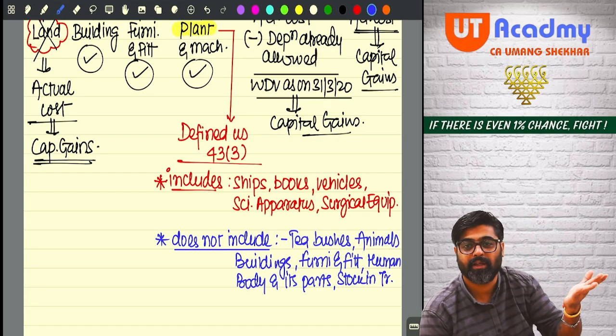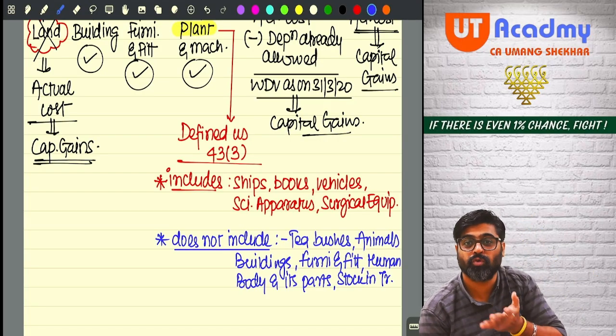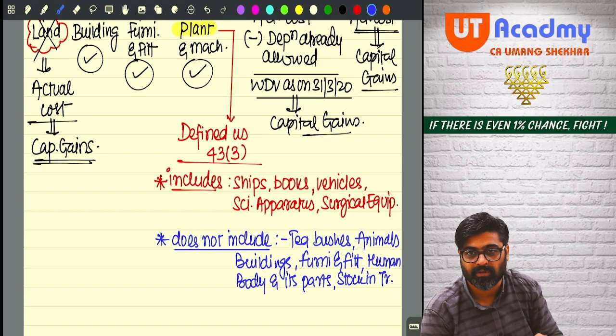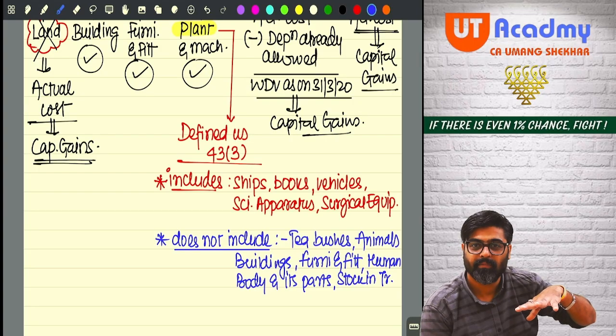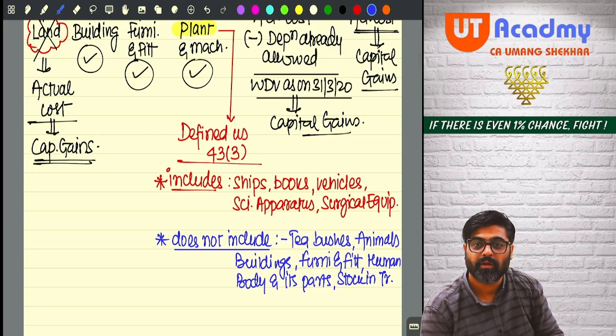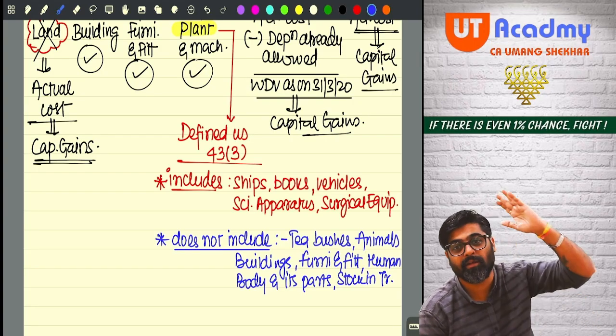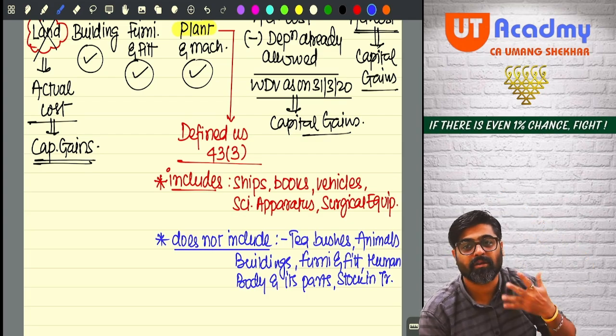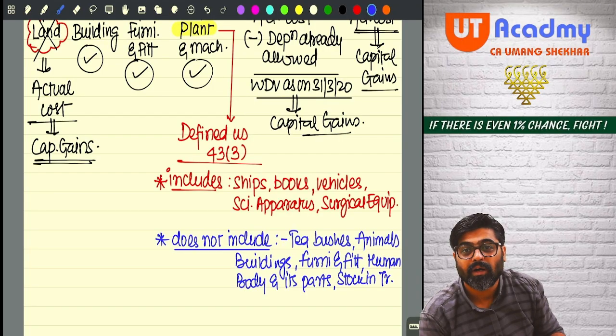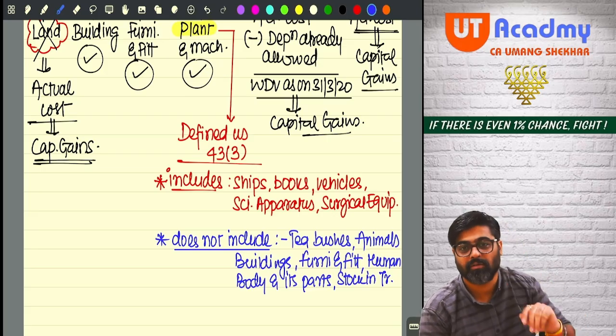You cannot say that it is plant and machinery used for the purpose of business or profession, and that any expenditure you incur on them you claim in the form of repair cost or depreciation. No, not possible. The human body and its parts are not an asset itself, and if it is not an asset, it is not to be treated as a plant either.